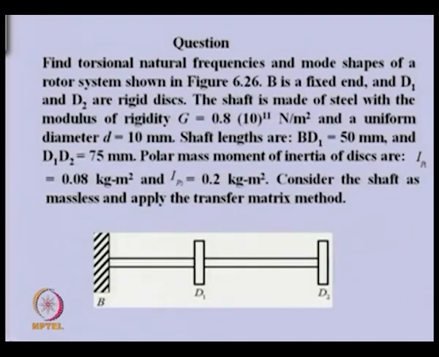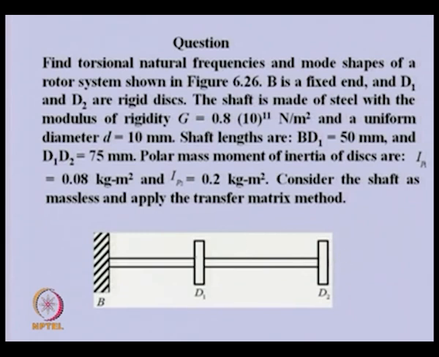We have a cantilever beam in which two disks are there, and various properties of the disks, lengths, everything is given here, and we are considering the shaft as massless, only inertias are there at the disks, and this end is fixed and the other end of the beam is free.